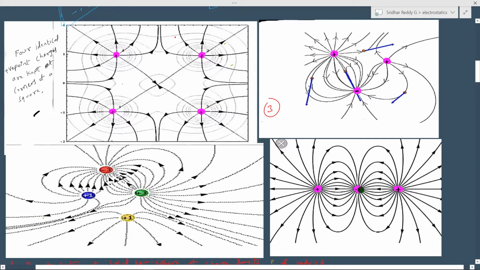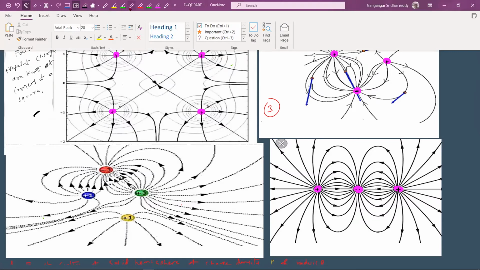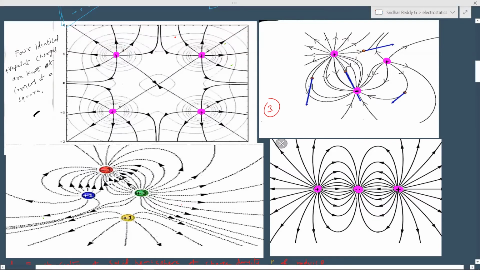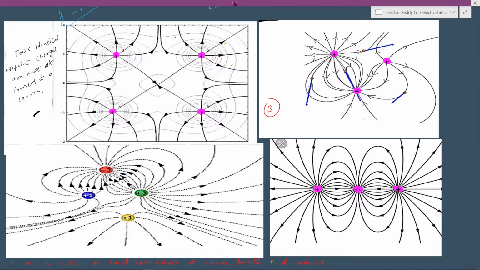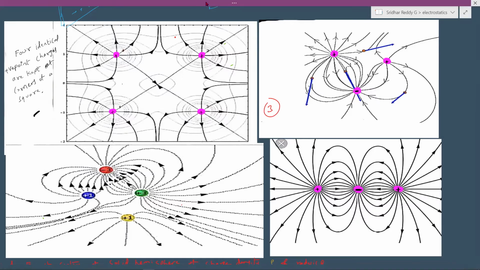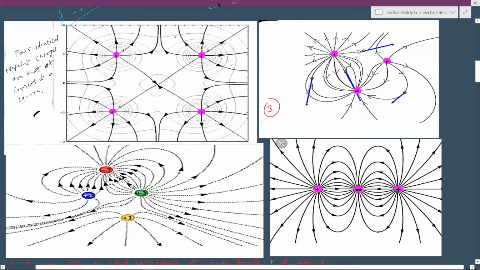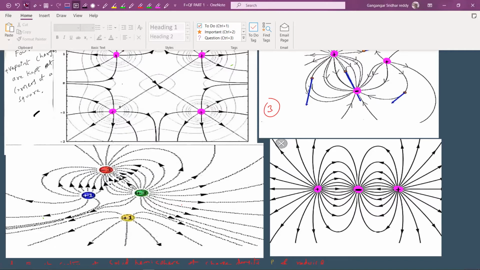Now, if we have 3 point charges, positive charge, negative charge, positive charge, then what are the lines of force? Let me show that negative point charge. Come to this one.